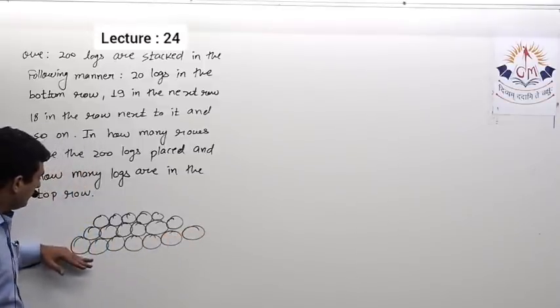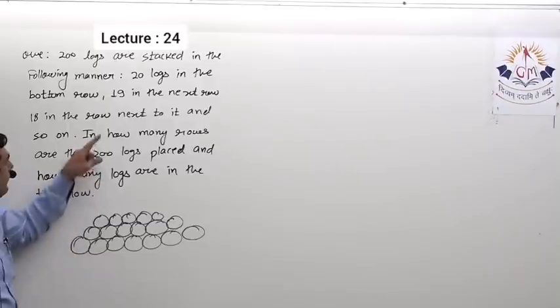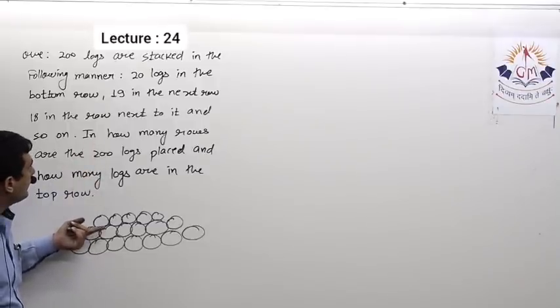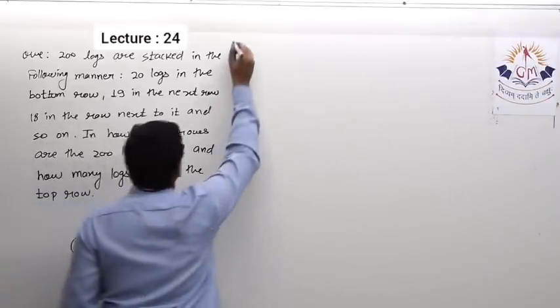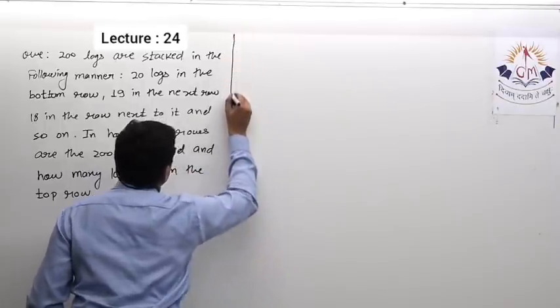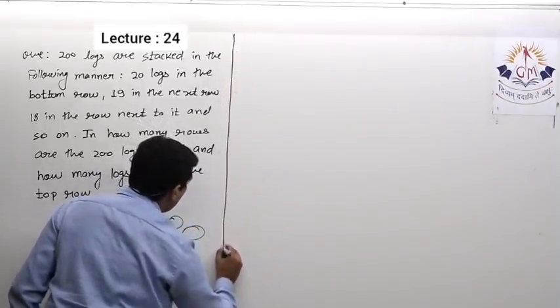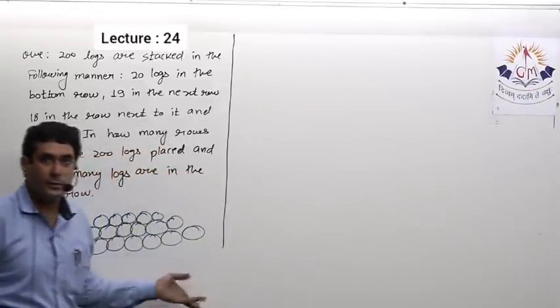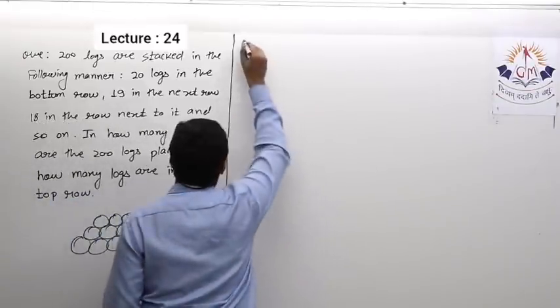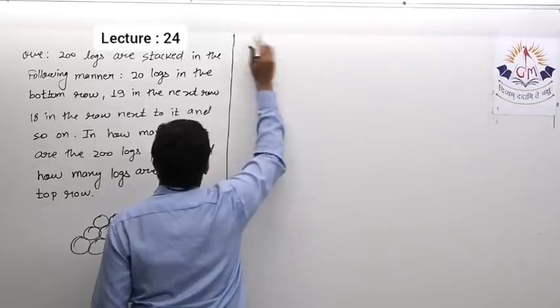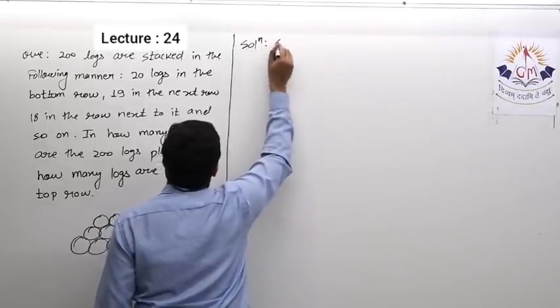In the bottommost row there are 20 logs, then in the upper row there are 19 logs, and so on. So we have to find how many total rows are there, as well as how many logs are there in the topmost row. Okay, let us see its solution.